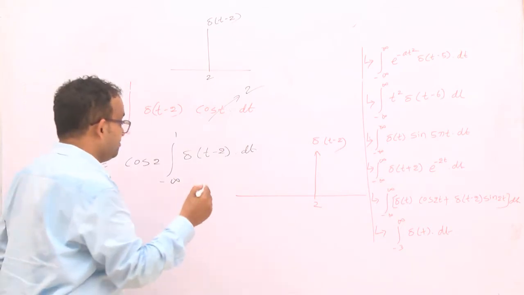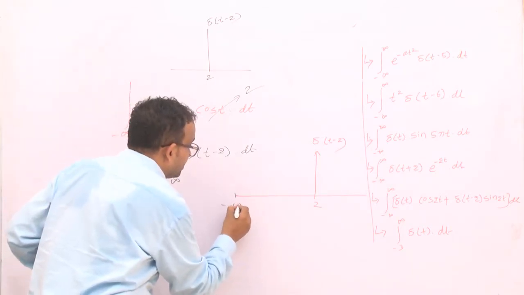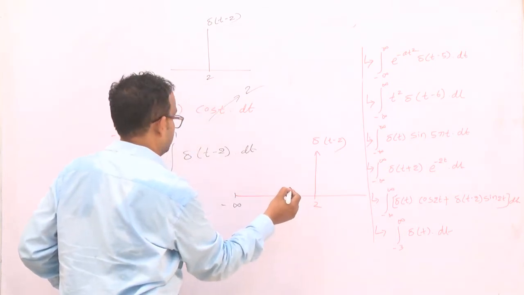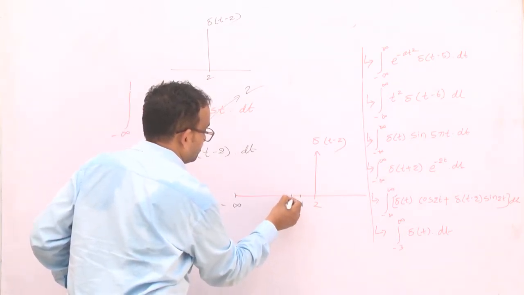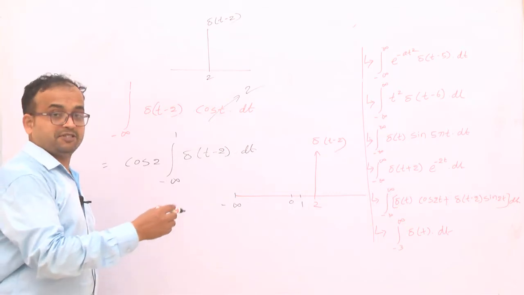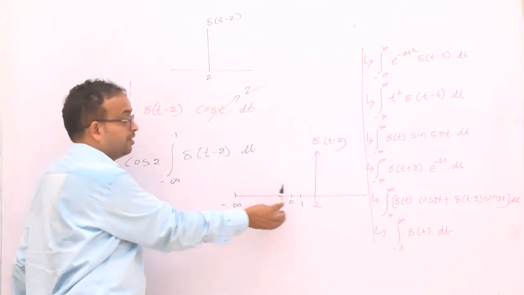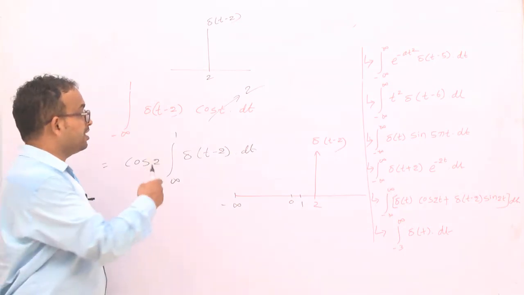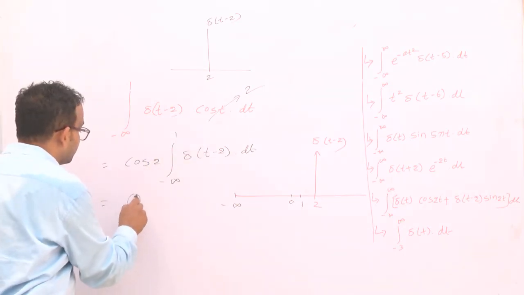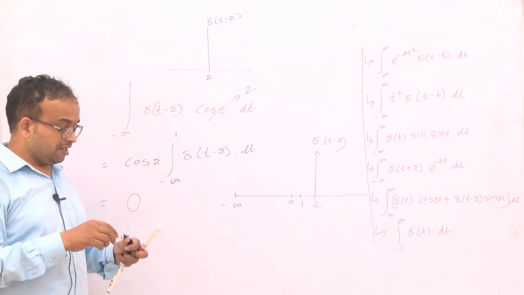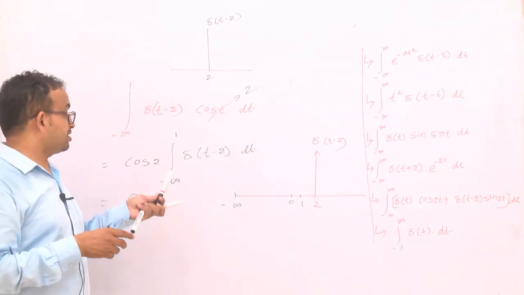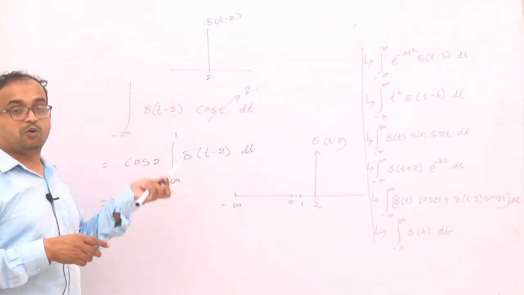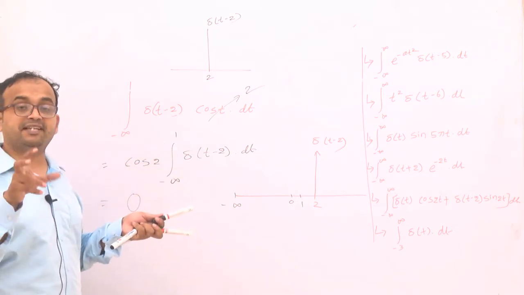But I am doing the integration from minus infinite to 1. If I start from minus infinite and go to 1, what value will I get? Nothing. No value is there. So if I do the integration, the value will be 0. Remember these things. You have to see also what is the integration range, what is the integration limit. This is also very important.